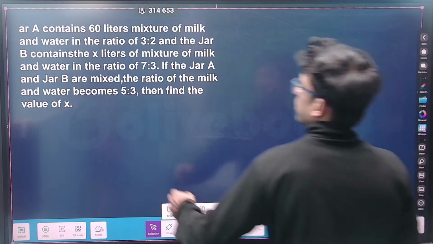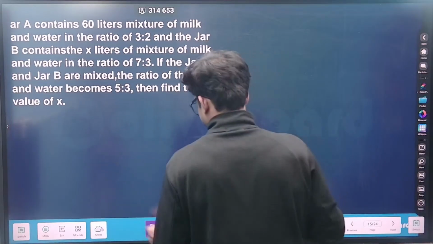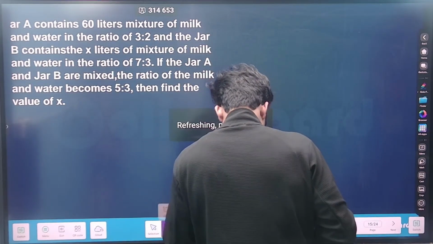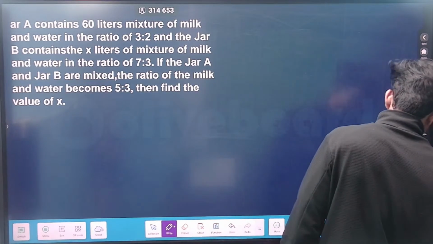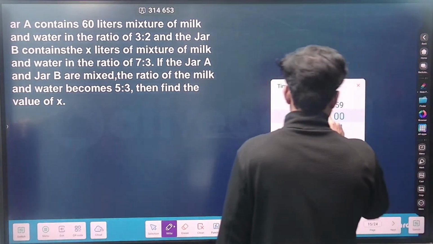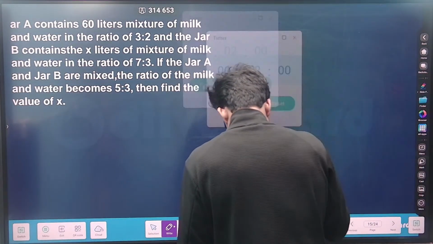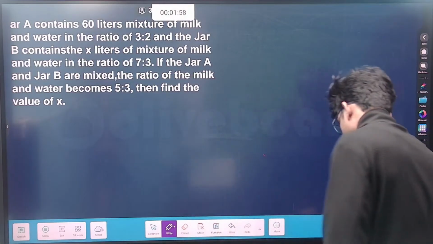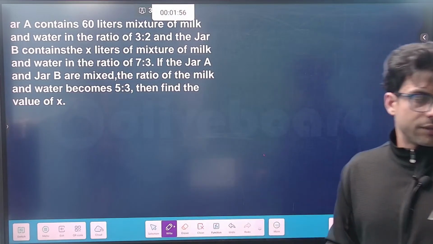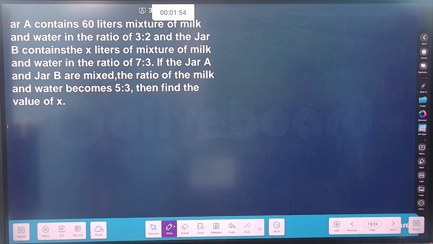See, how can you solve this? The question is really nice, I would say. Try thinking about the question now.